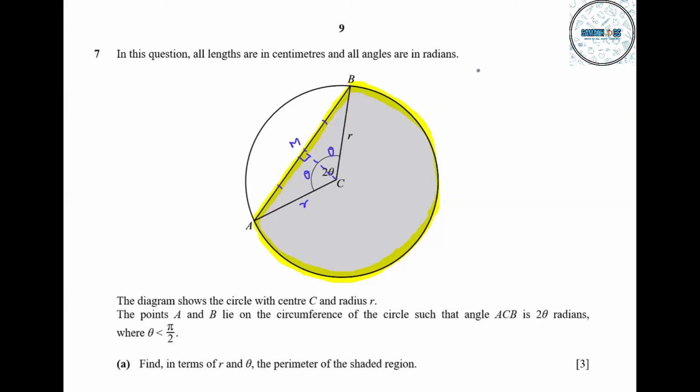So we can write here sine theta is equal to AM upon R, opposite upon hypotenuse. So AM is equal to R sine theta. So it means that the length AB is equal to 2 multiplied by R sine theta.